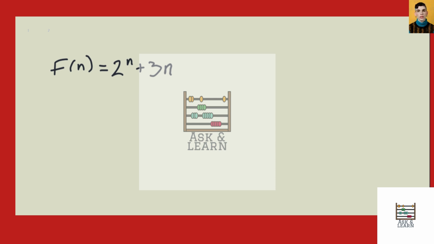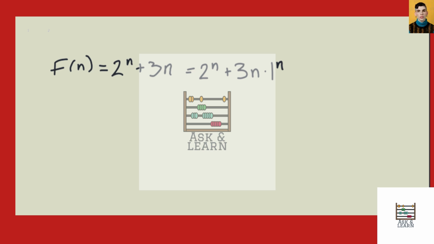And this is equal to 2 to the power of n plus 3 times n times 1 to the power of n. Okay, so 2 is a root of our characteristic equation with multiplicity 1, and 1 is not a root.